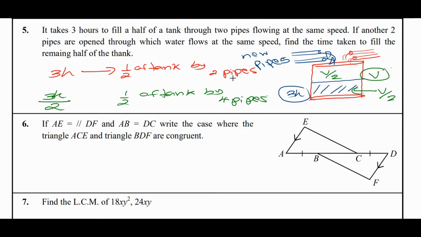There were 2 pipes, but now there are 4 pipes. Therefore, the time should be half the previous one. Therefore, 3h over 2.